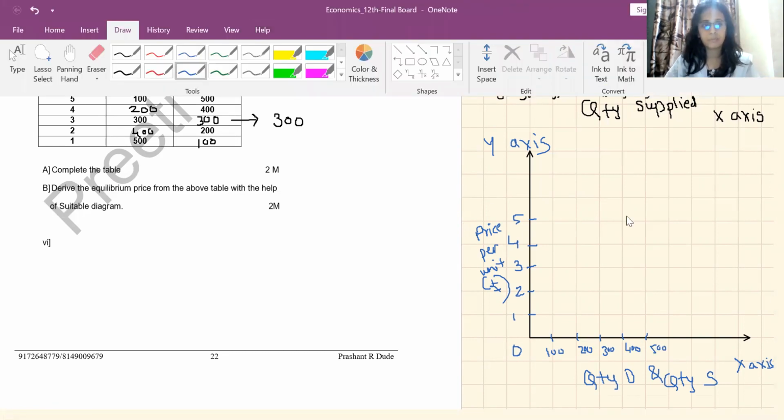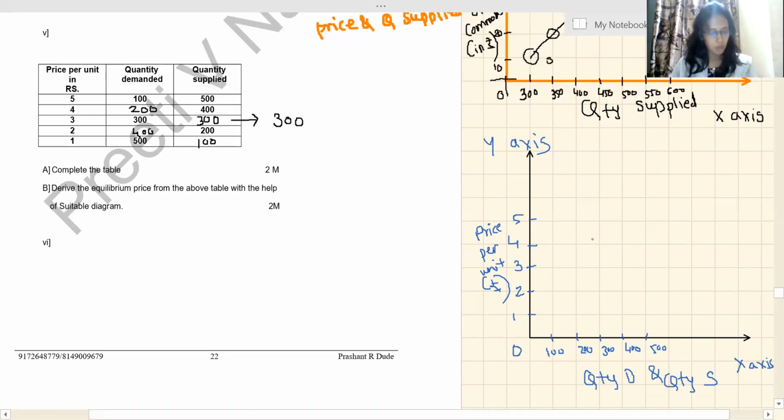Okay, now let's draw. See, at rupees 5, first I will draw quantity demanded. At rupees 5 my quantity demanded is 100. Then at rupees 4 my quantity demanded is 200. Then 300. At rupees 2 my quantity demanded is 400.